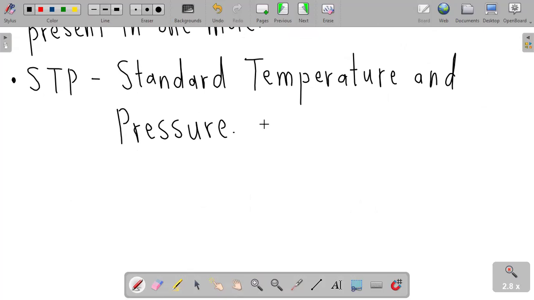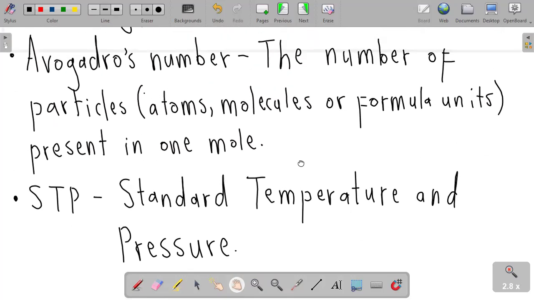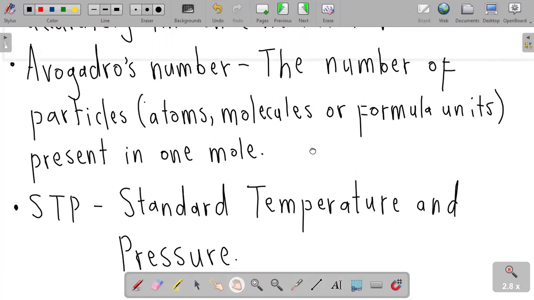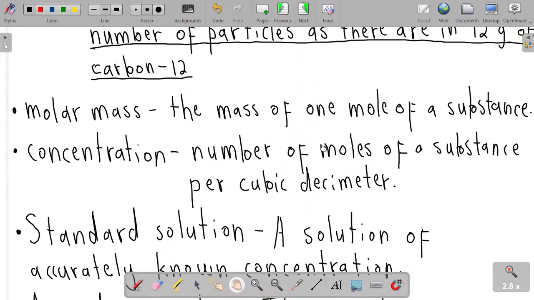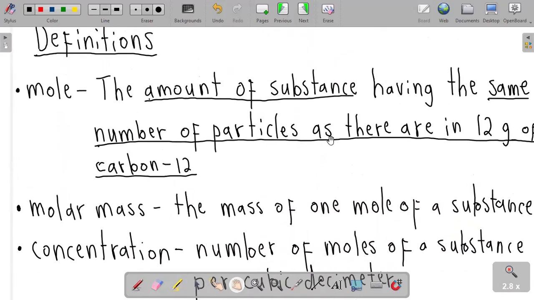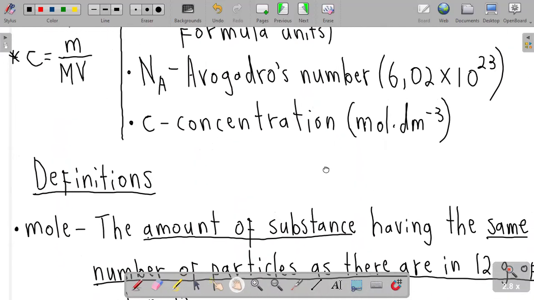So let's leave it here for lesson 1. This was just so you become familiar with the terms and with the formula that we're going to use in this section.